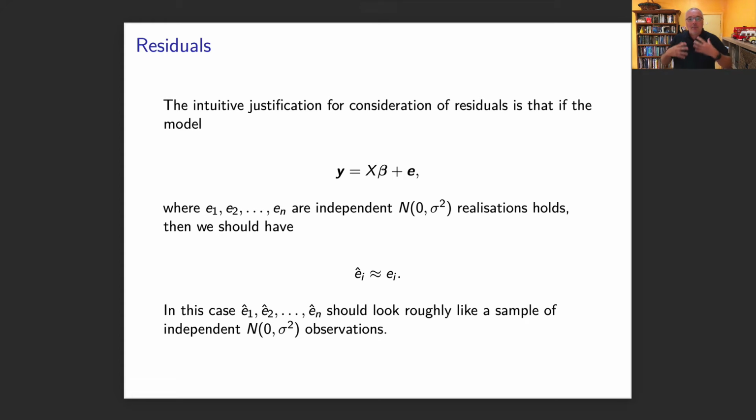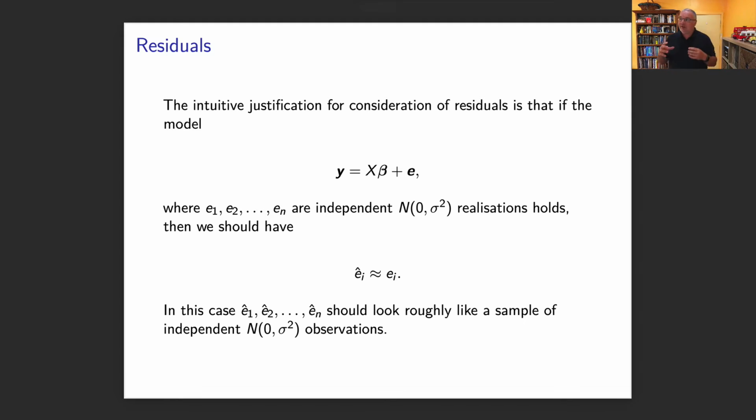Well, if you think about it, in our model, the e's are independent, identical, normal, 0, sigma squared. But I don't have the actual true e's. What I have is the next best thing, which is what I've got from my observed data, which is the e_i hat, which is y minus, well, ideally I want y minus X beta. I don't have beta, so I have y minus X beta hat.